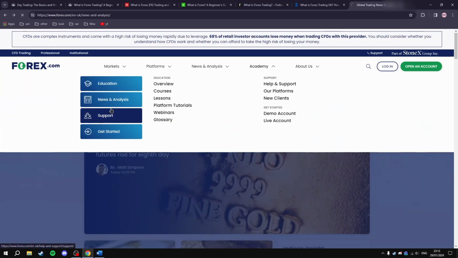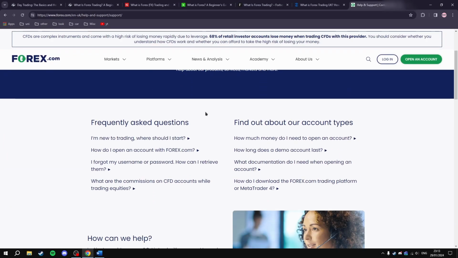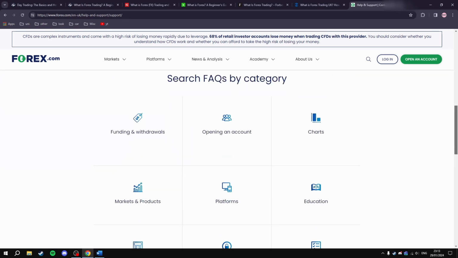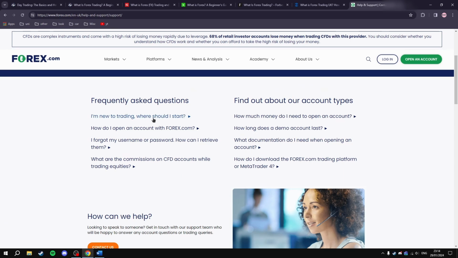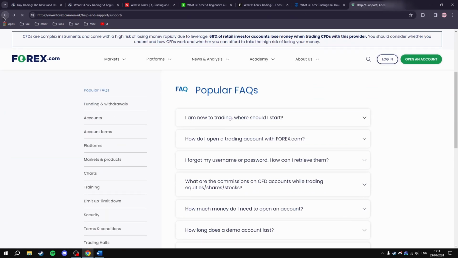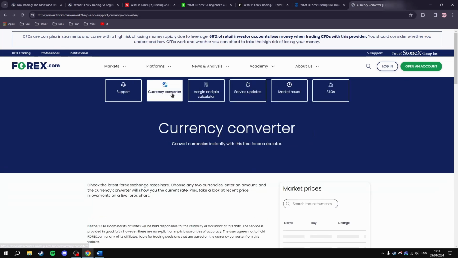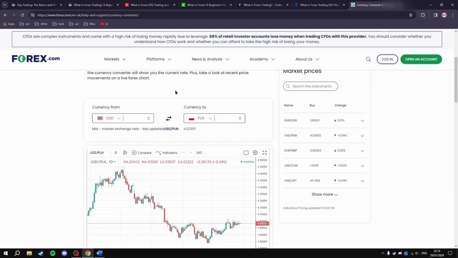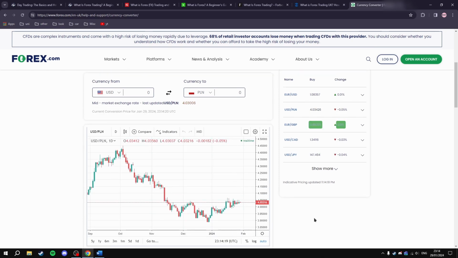Academy, let's go to support. Right, not this. Currency converter. What is this? Whoa, this is like a real-life moving chart.